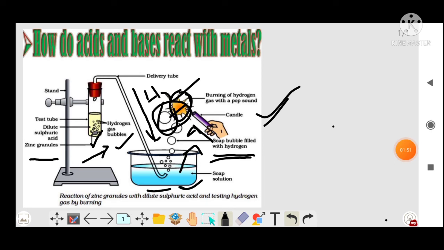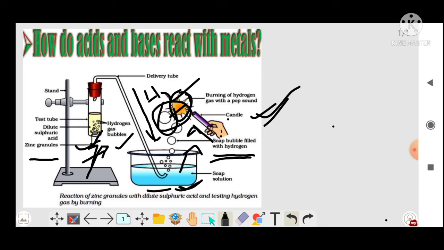Now the next test: if we add some sodium hydroxide, NaOH, and some zinc granules to the test tube and heat it properly, again hydrogen gas is produced and through the delivery tube it comes into the soap solution and soap bubbles are formed. Then again a burning candle is held to the gas bubble and the hydrogen gas burns with a pop sound.